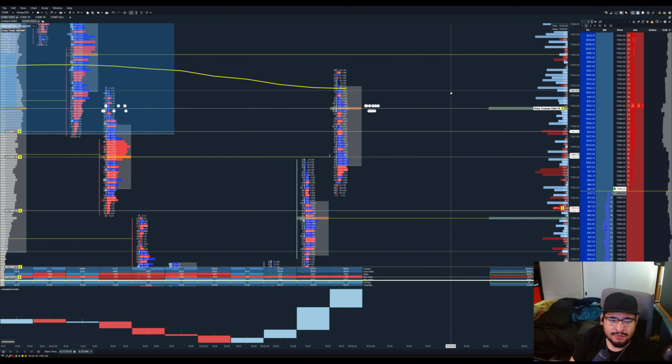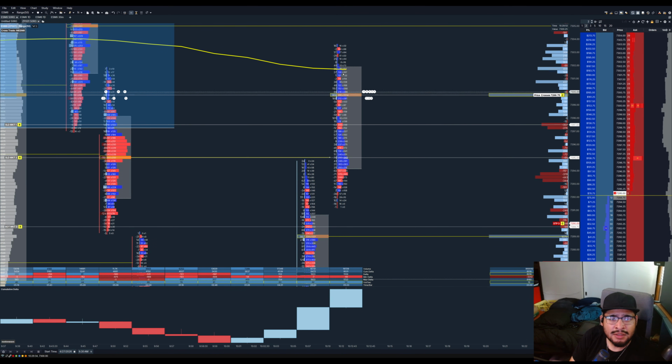So we tapped VWAP. We didn't see a lot of market selling, which could be people taking profit.